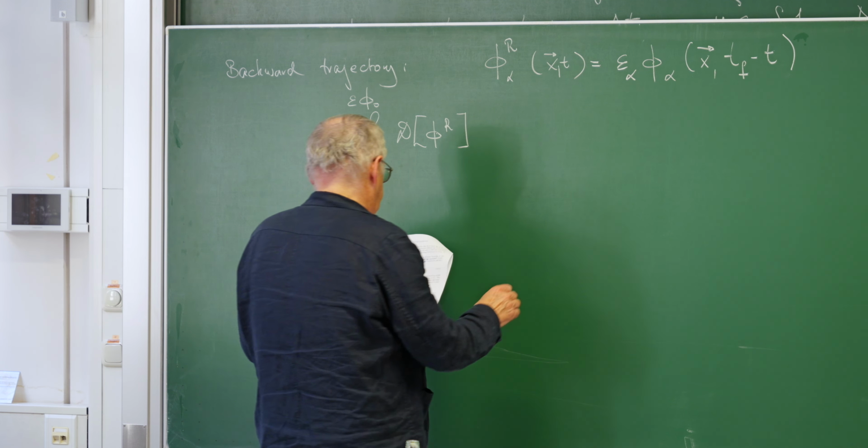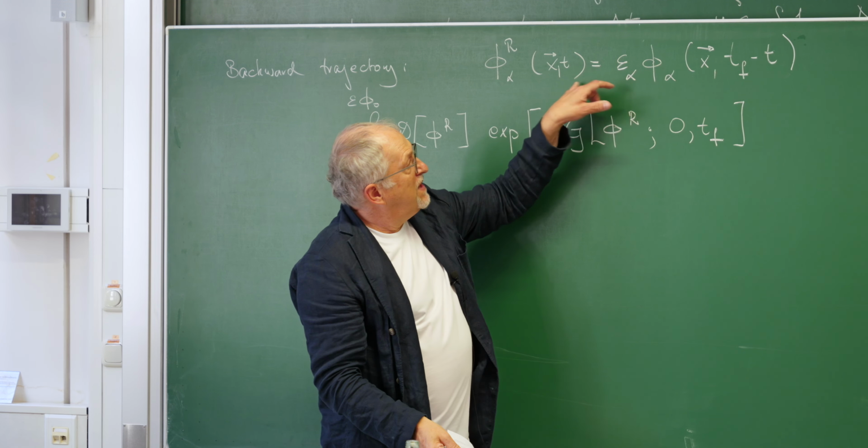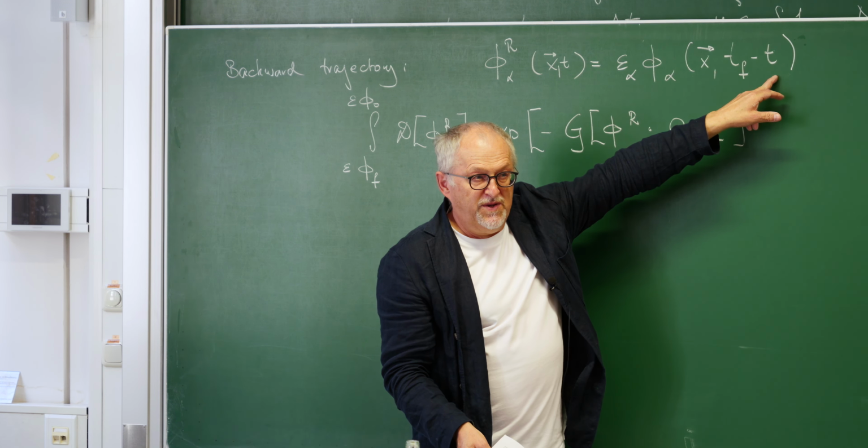And I'm integrating then the corresponding Onsager-Machlup functional minus g, where I'm inserting the reversed path. And note that I'm still going from 0 to tf. Okay, I'm not going in another way here, because as I was just explaining, if you look at this, t equals 0 is when you start at the right end, and t equal tf is when you end at the left end. So the integrals appearing in the Onsager-Machlup functional are the same as before.